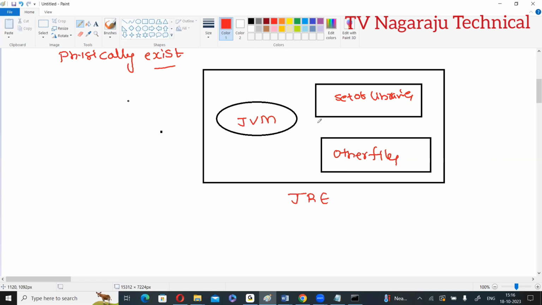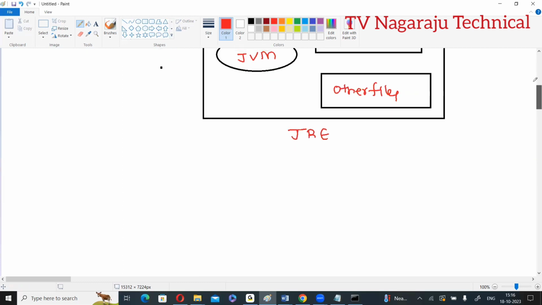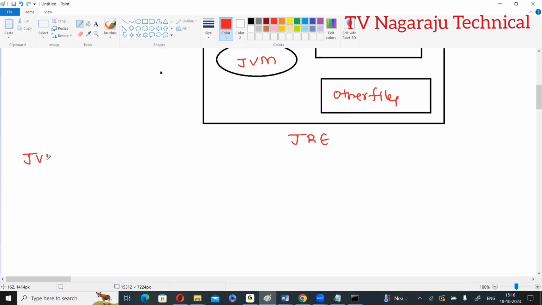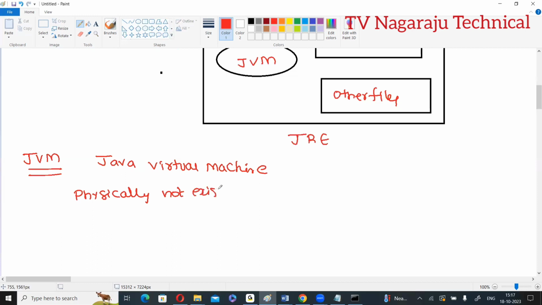Now what is the main important term? The next main important term is JVM. JVM stands for Java Virtual Machine. The name specifies that JVM is physically not existing. Virtual means JVM does not physically exist.